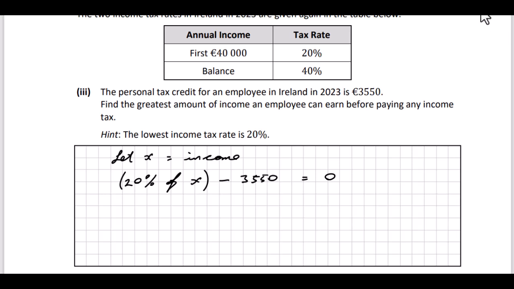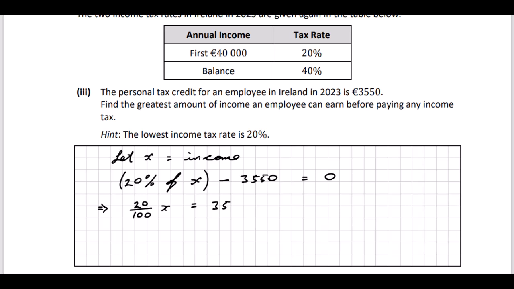So this is the net tax that this person is going to be paying, and the net tax that this person is going to be paying is 0. So 20% of their income minus the tax credits should give us 0. So we've just got to work out what X is here. So we're going to take 20%, which is 20 over 100. X of just means multiply. We're going to subtract 3,550. I'm going to bring that over to the other side.